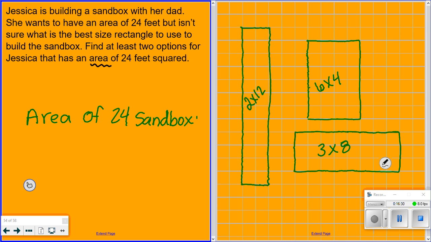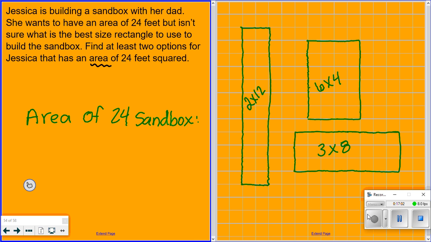Eyes on me. 1, 2, eyes on you. Some of you chose to talk to your neighbor during that time, so we'll say this again. In your notebook, you're going to write area of 24 sandbox. You're going to cut out 2 of the options, the 2 options that you think are the best options for the sandbox, and then glue them in your notebook.